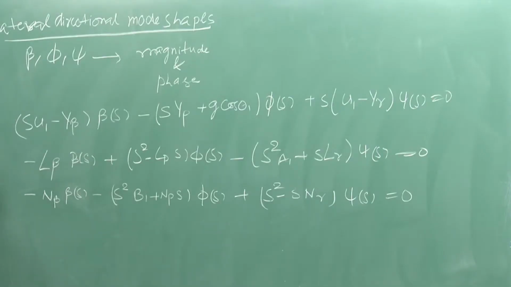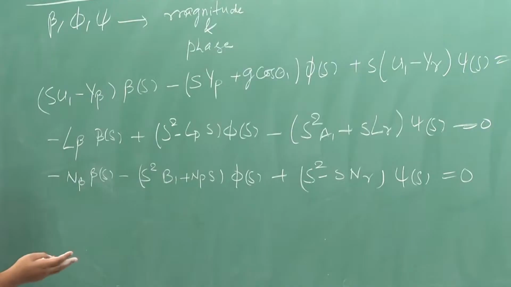Now, you can rearrange this equation by dividing the three differential equations by beta of s.